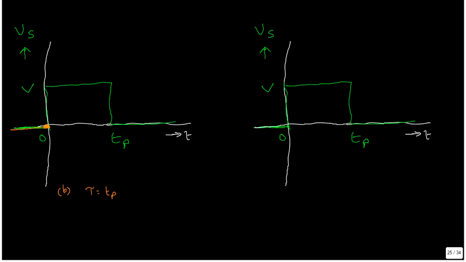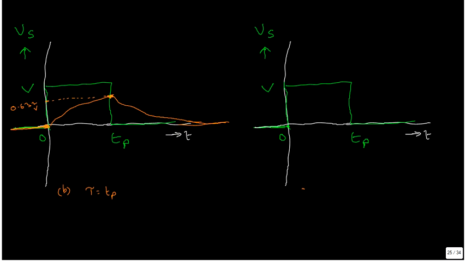Initially it has 0 volts, and in one time constant it reaches 63.2%, that means 0.632 V. From there, when you apply 0 volts after t equal to Tp, it starts discharging, and this 0 volts is applied for an infinite amount of time, continuously. That's why the capacitor discharges towards 0, but it takes a longer time compared to the previous case.